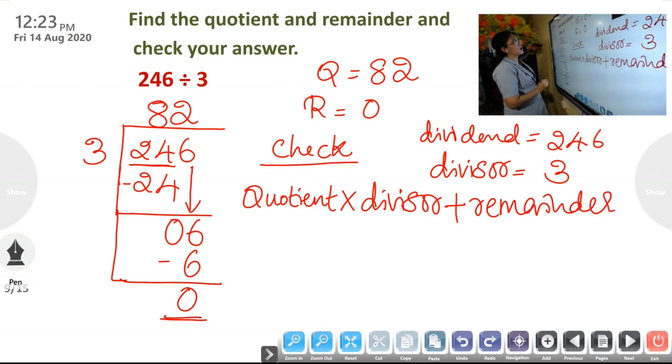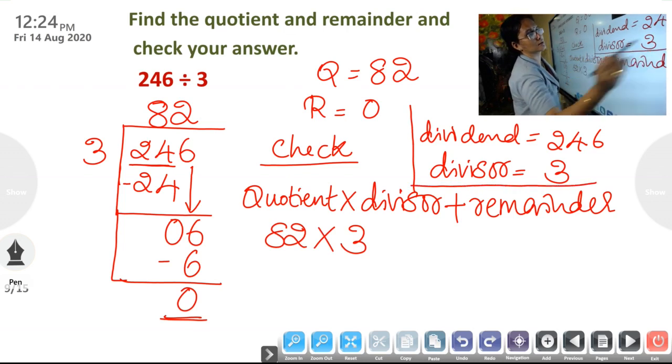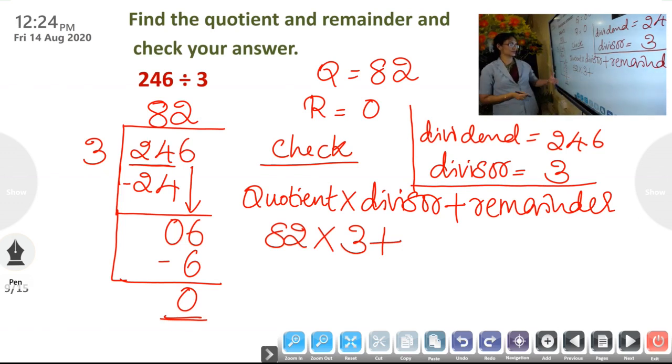What is the quotient? Quotient is the answer to division, that is 82, into what is the divisor? Divisor is 3. Plus remainder. In this question there is no remainder. Remainder is what? 0.